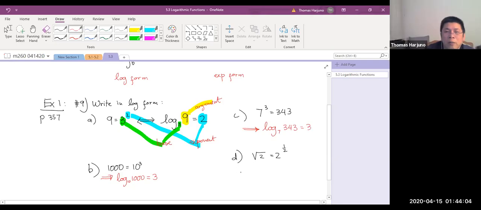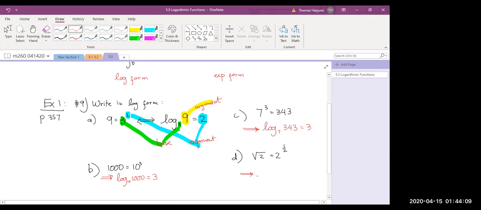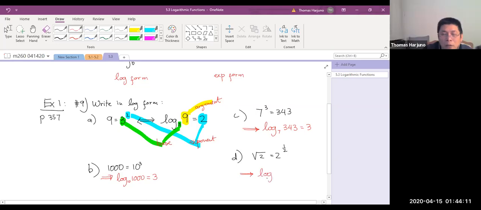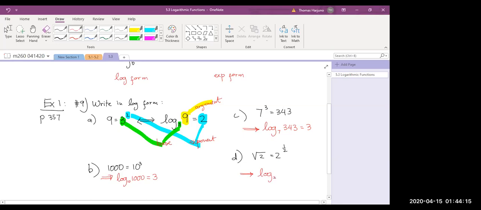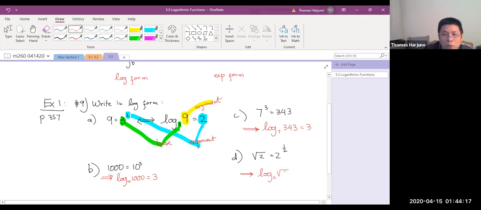That's right. How about part D? Log base 2 of square root of 2 is 1/2. Okay, now that's writing in log form.